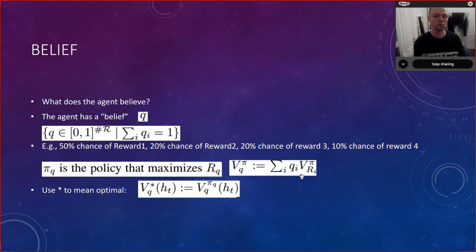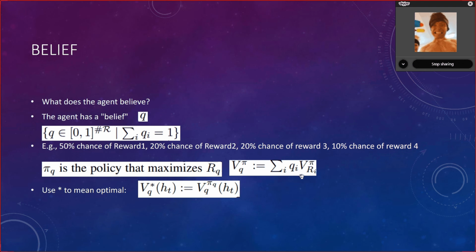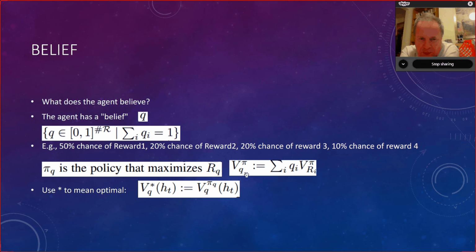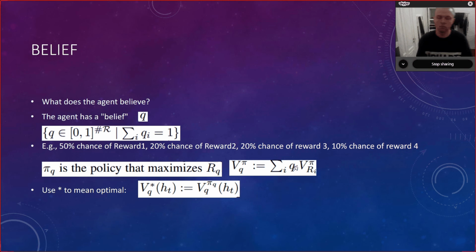Like imagine you have a board game where rewards 1, 2, 3, and 4 correspond to the suits of a deck of cards, like clubs, spades, diamonds and hearts, then the value you will get, the victory points, depends on how much you believe in each of them times how much you would actually get of each.